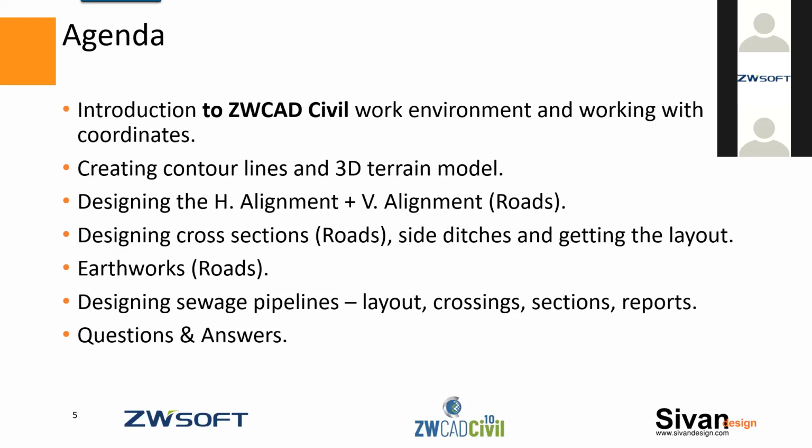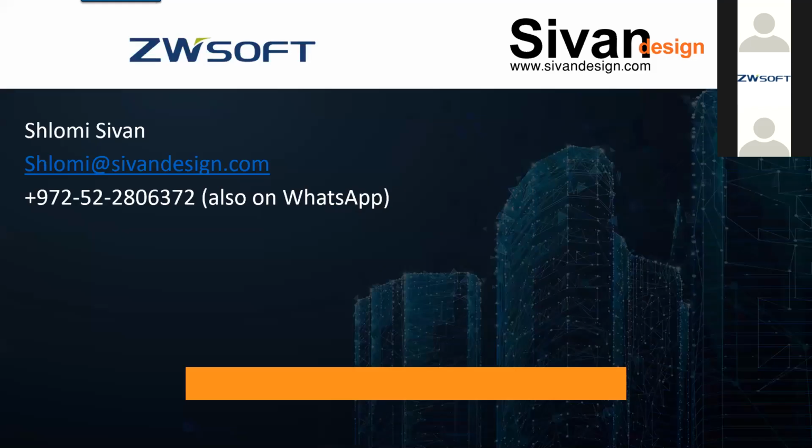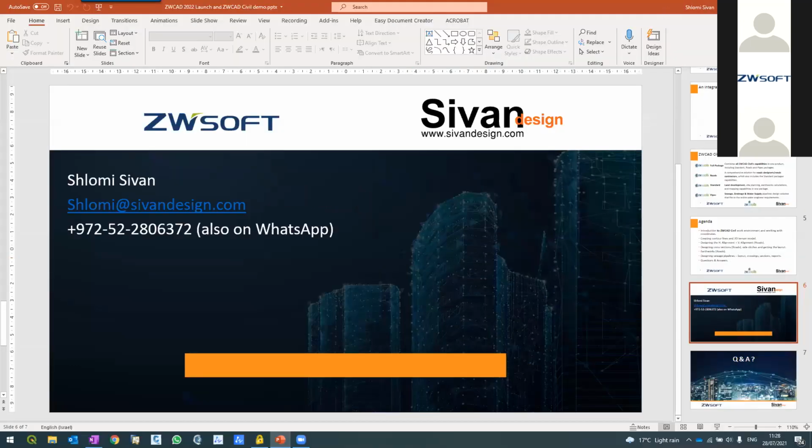We start with the layout, crossing infrastructure, sections, reports, and the interaction between the various modules. The last thing will be the question and answer, which can serve both ZWCAD Civil and ZWCAD 2022. Thank you, everybody. Without further ado, let me start the live demonstration.